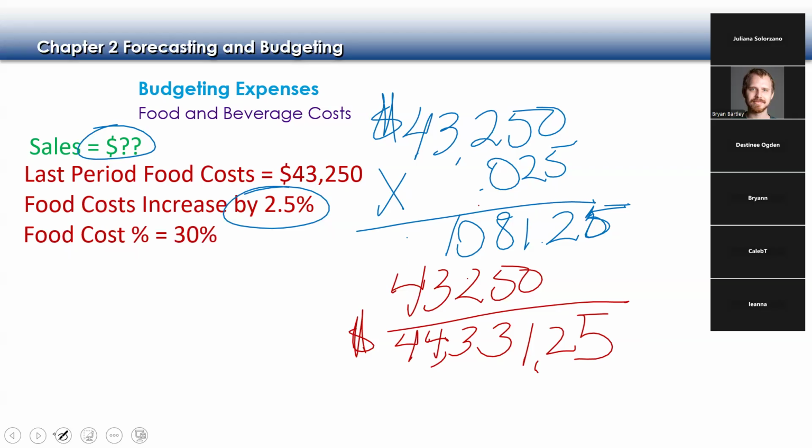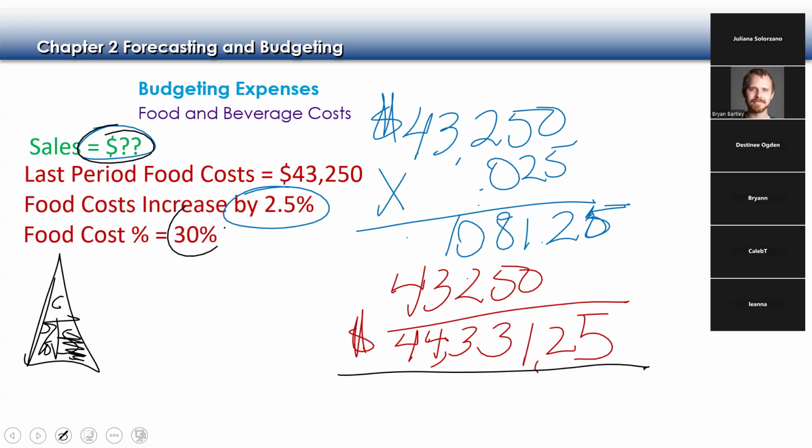Now I can use my triangle. Triangle, cost, percent, sales. Looking for sales. So cost divided by our 30% food cost. Oops, let me take that percentage off. So what is our new sales goal?